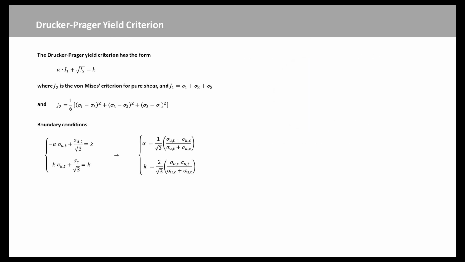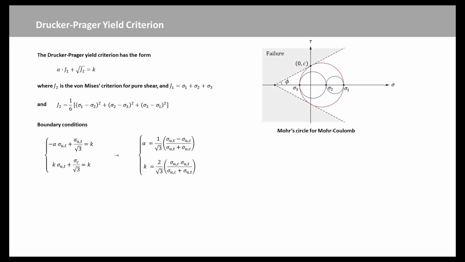If sigma ut is the tensile yield stress and sigma uc is the compressive yield stress, the Drucker-Prager criterion implies these two equations. Since the Drucker-Prager yield surface is a smooth version of the Mohr-Coulomb yield surface, it is often expressed in terms of the cohesion C and the angle of material internal friction phi that are used to describe the Mohr-Coulomb yield surface.